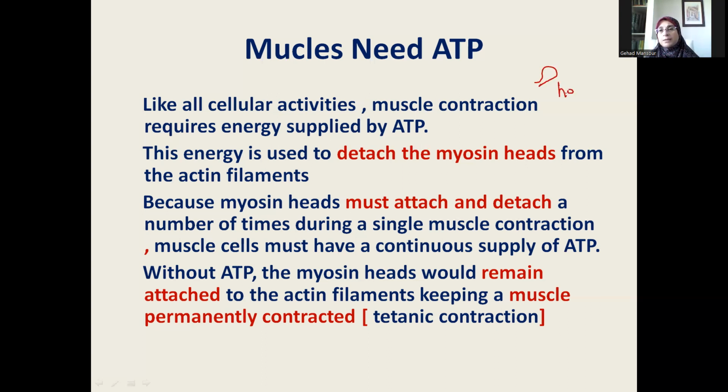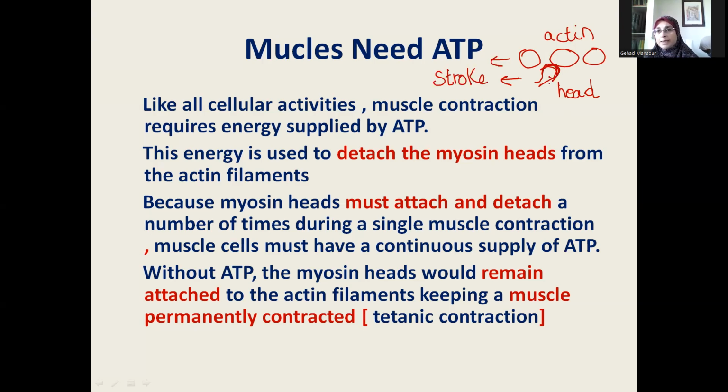So if this is a myosin head, and if this myosin head is attached to the actin filament, this is the attached head that will cause the stroke in order to pull the actin filaments towards the middle line, okay?